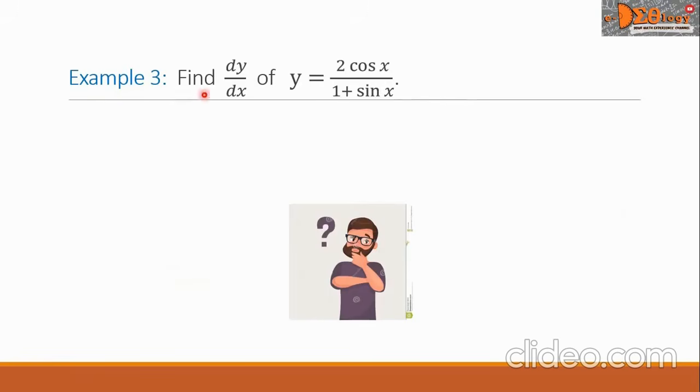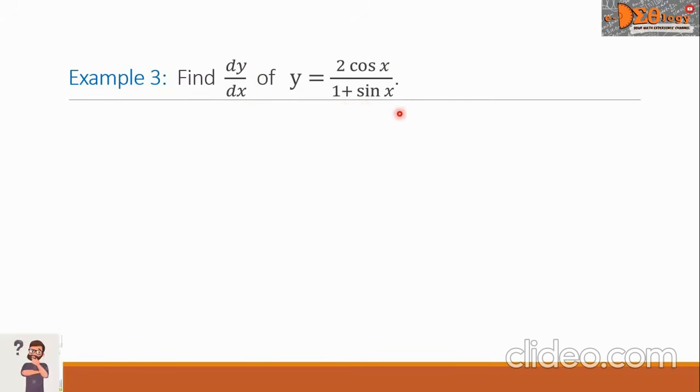Example 3. Find dy over dx of y equals the fraction 2 times cosine x all over 1 plus sine x. For our solution, let us observe that our function here is a quotient.